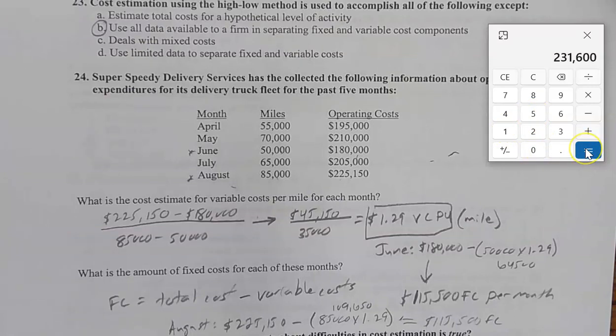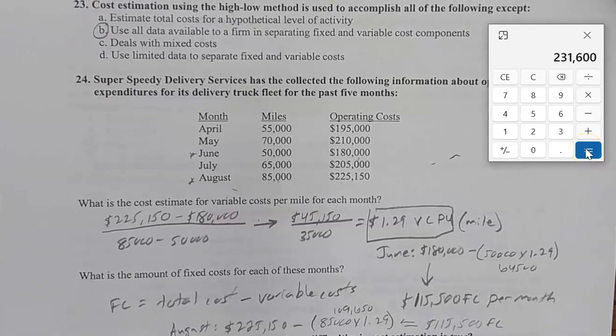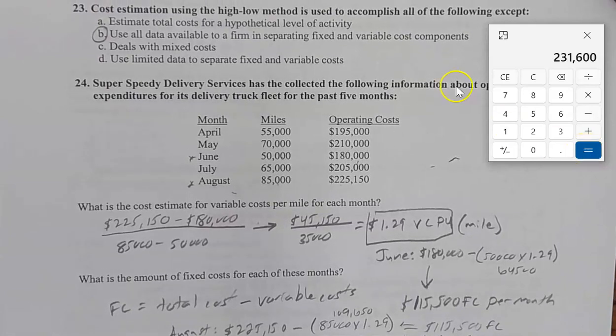Okay, and so if we look at this question right up here, we said estimate total cost for a hypothetical level of activity. We could say that we estimate that September at 90,000 miles is going to incur cost of $231,600.